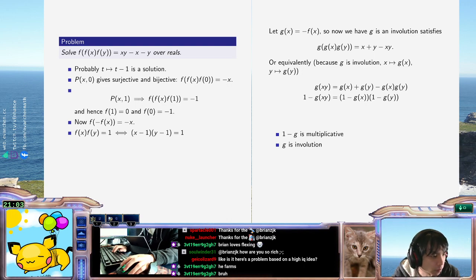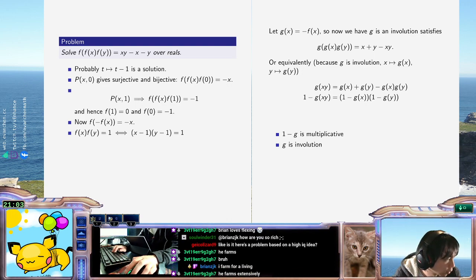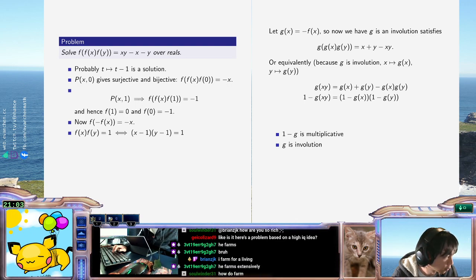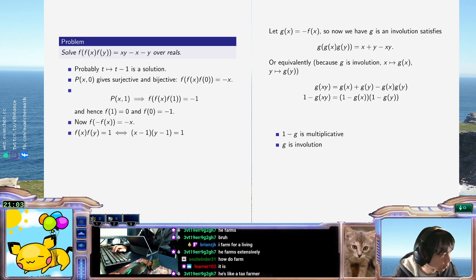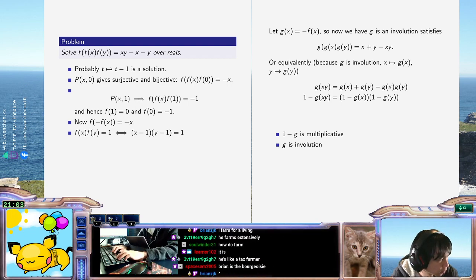No, I think 1 minus g is correct. I feel like there's not enough conditions.